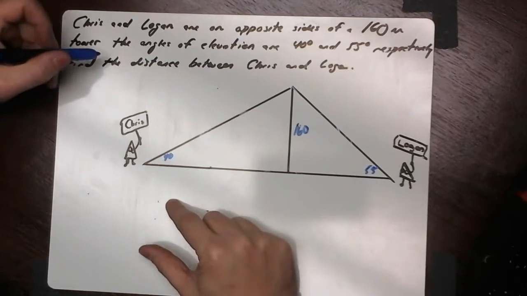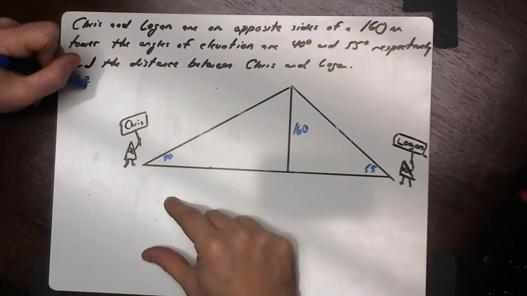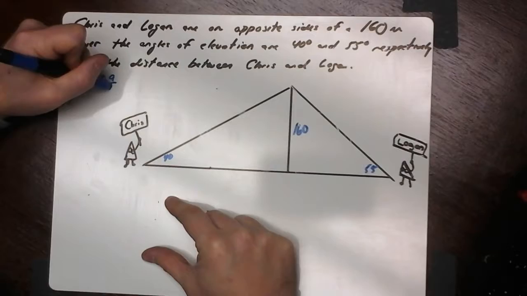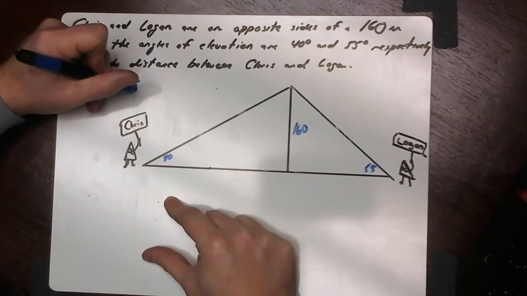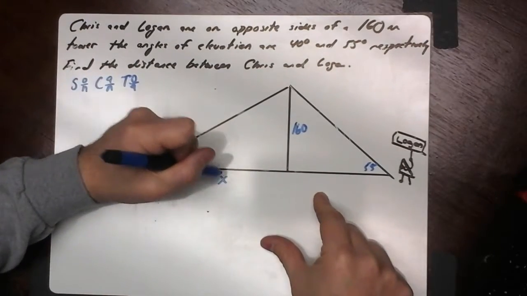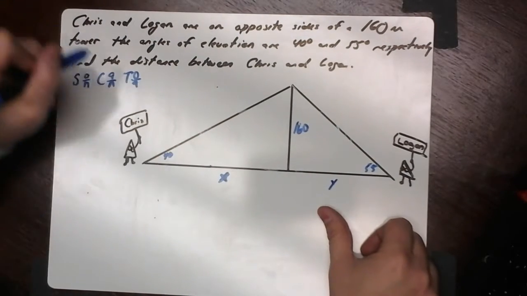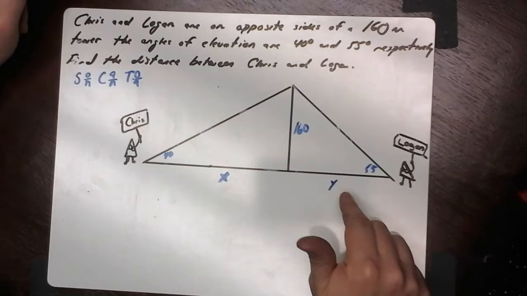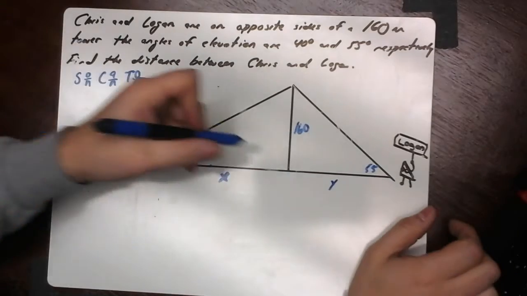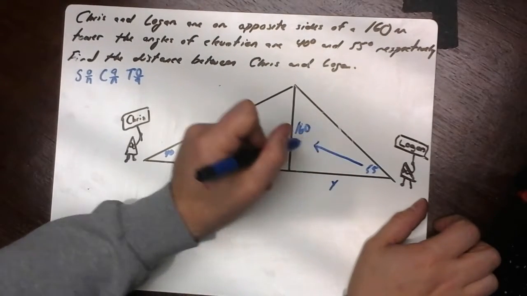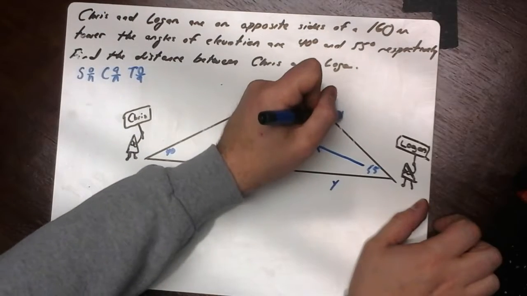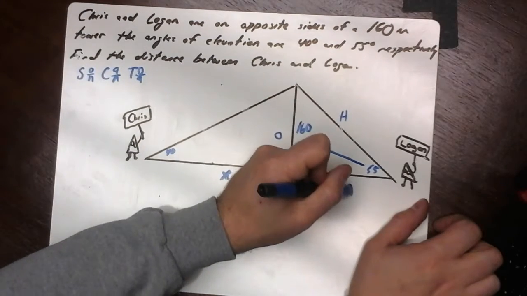So this is a trig problem, so I'm going to have to use SOHCAHTOA. But I have to find 2 distances and add them together. Let's see if I can do this without making a mess, smudging it. I'm going to find the y first, so then I can keep it on that side. So that's opposite. There's the hypotenuse, and there's adjacent.